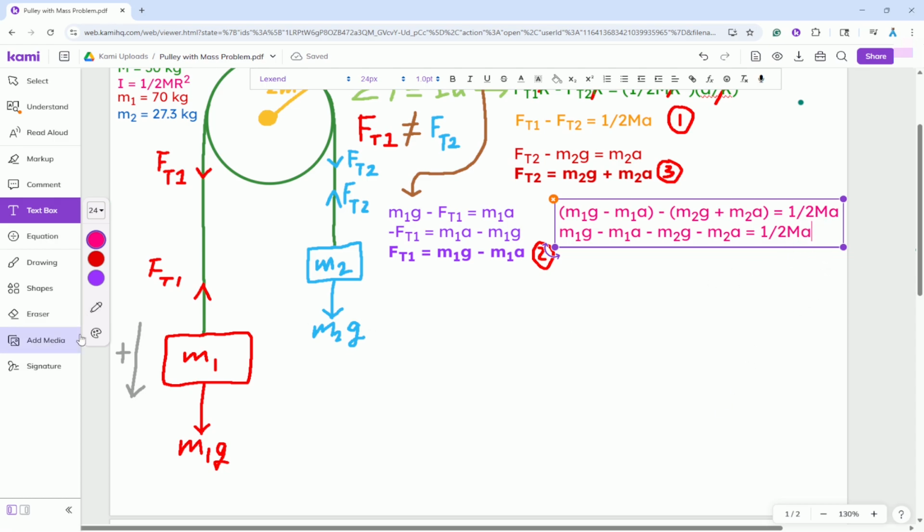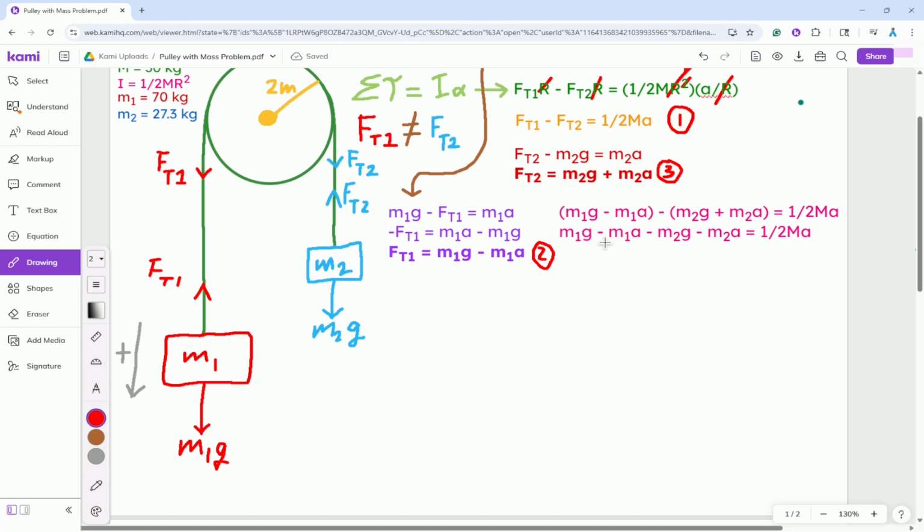To do that, we have to add M1A and add M2A. So that way we have the G's on one side and the A's on the other side.